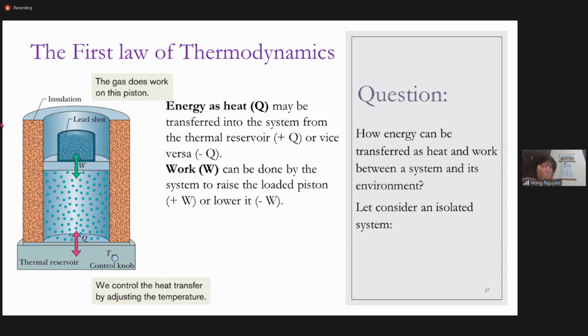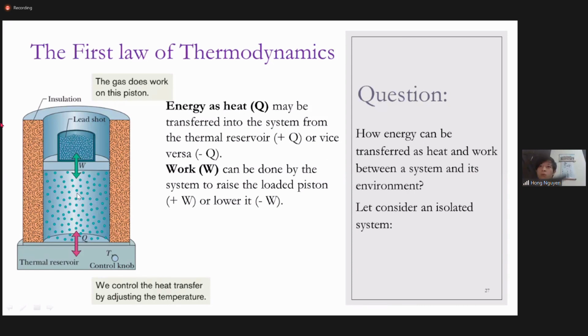The work is also the same. The work can be done by the system, right? To raise the loaded piston, this one, okay? It can be loaded, so it will go up here, or you can lower it.